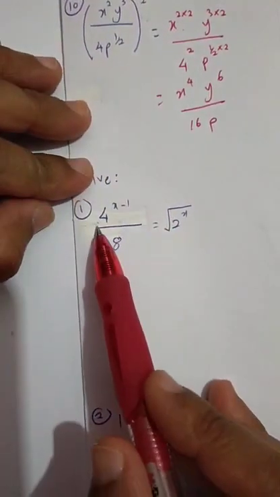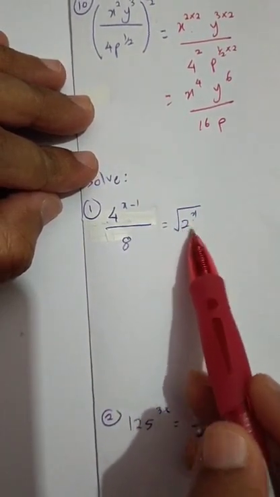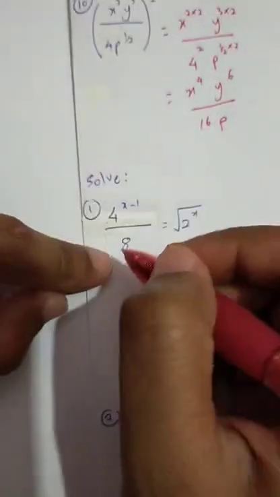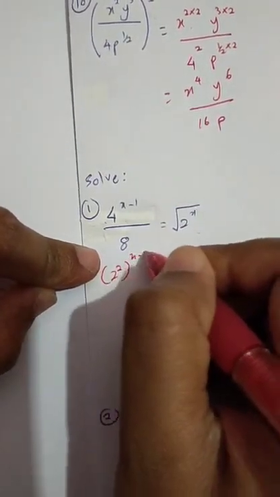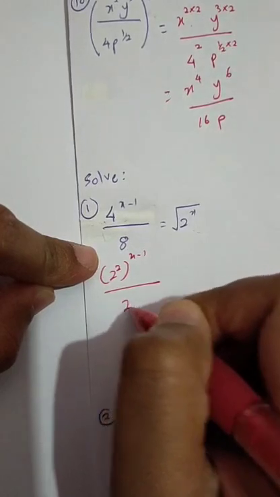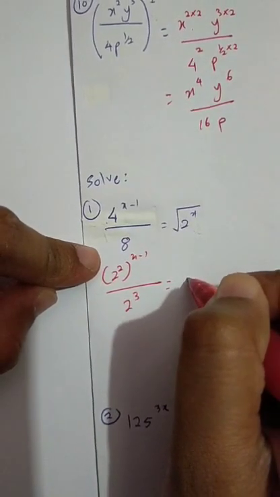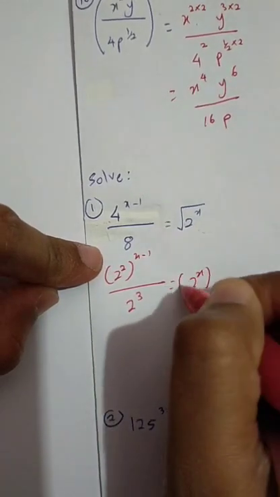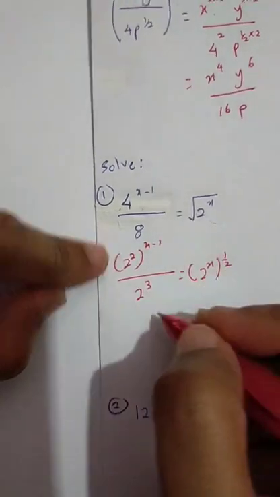So we have here 4, 8, and 2. You know that everything can become the smallest one, which is 2. So we have 4 is 2 power of 2, so 2 power of 2x minus 1, 8 is 2 power of 3, and then here is 2 power of x times 1 over 2. Now everything is power of base 2.